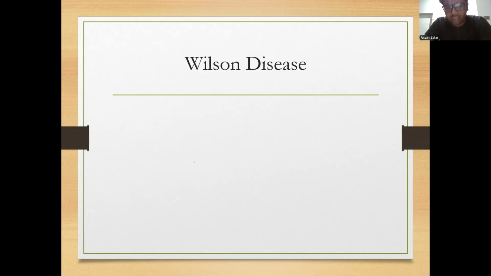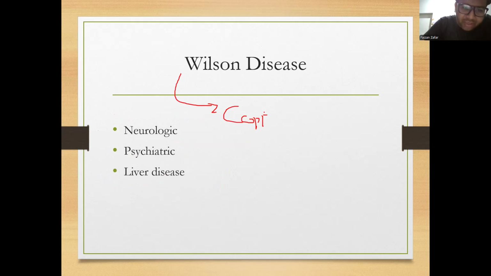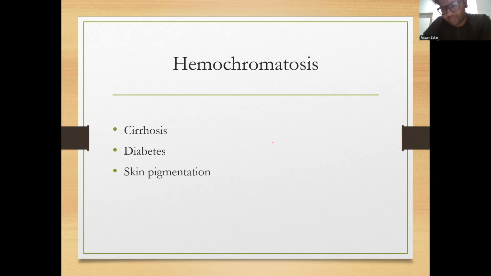Wilson disease is basically accumulation of copper in the liver. It typically presents with liver disease in patients less than 40 years of age, which is very important, along with psychiatric and neurological manifestations due to the accumulation of copper.